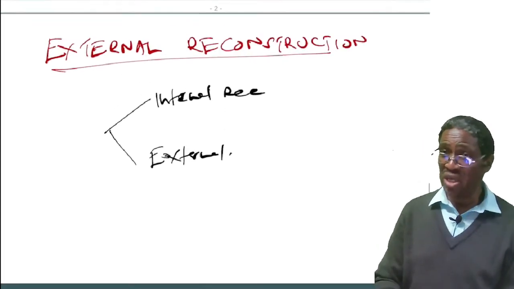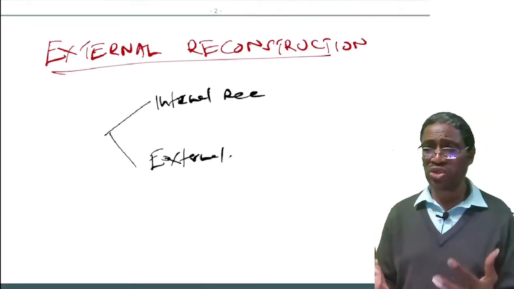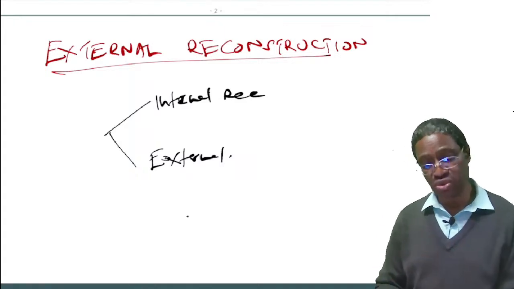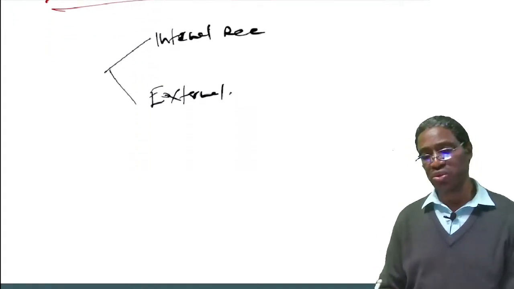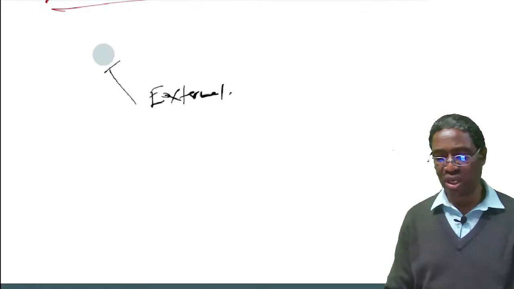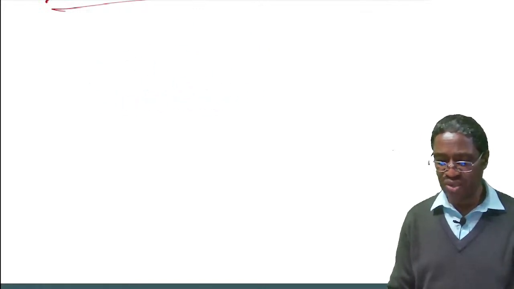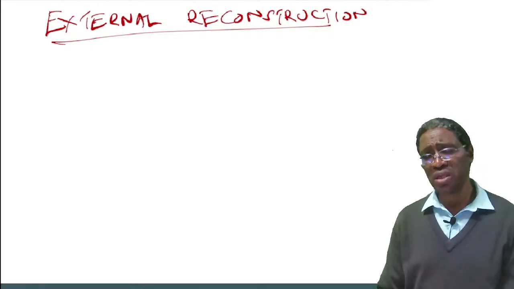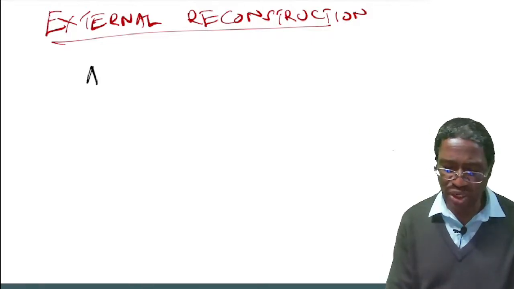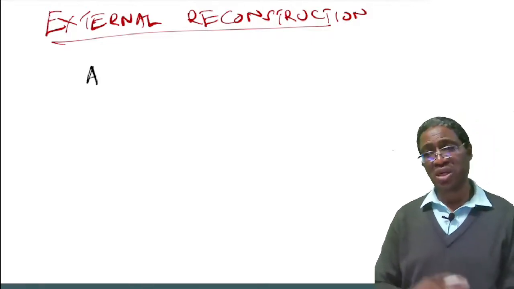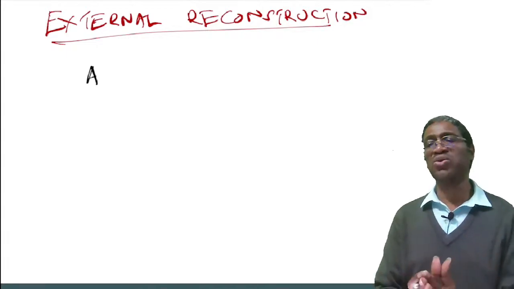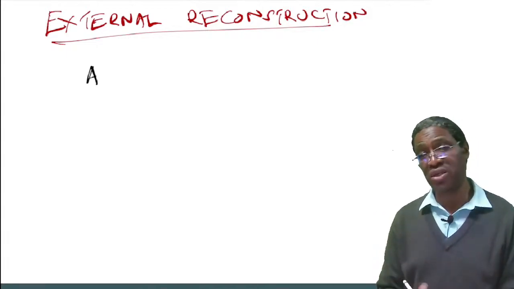So today we want to look at how to reconstruct a company through external reconstruction. So let me introduce how then do we reconstruct a company through external reconstruction. I want to start by assuming that we are reconstructing a company called A. This company has been making losses, and therefore the most logical way to do it is to reconstruct this company.